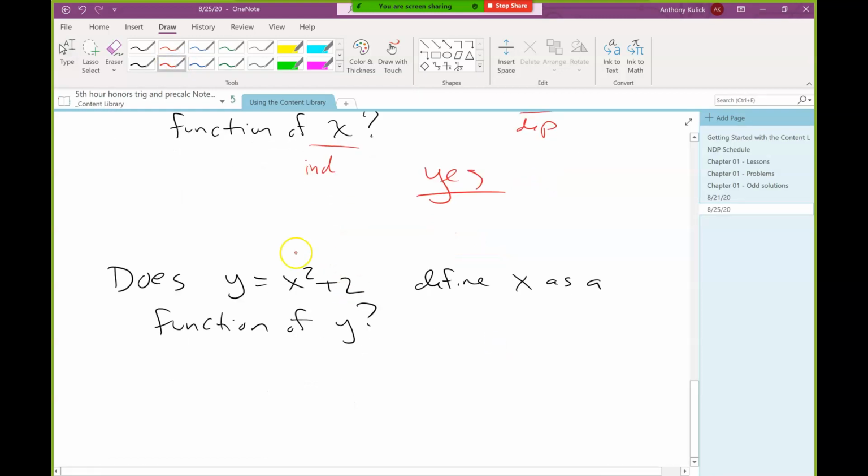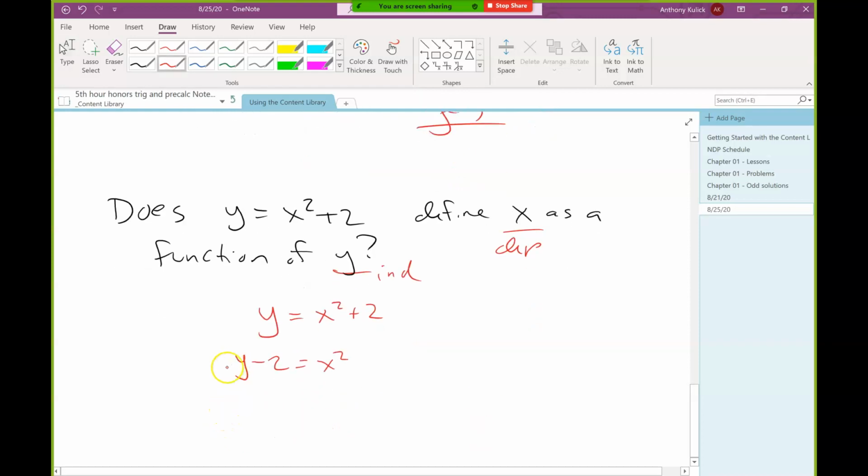So normally you'd want to rearrange this so that the dependent variable is by itself. So in this case now, x is our dependent variable and y is our independent variable. So we'd subtract 2 from both sides and then square root both sides. And remember, when you square root both sides of an equation, that generates a plus or minus, right?